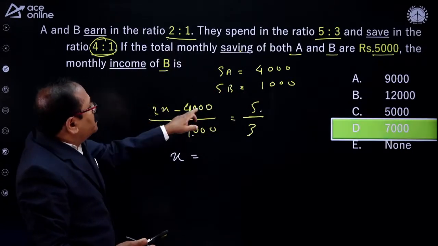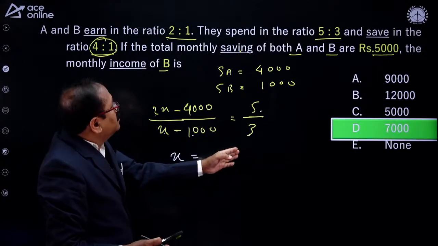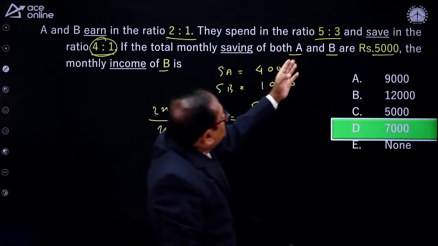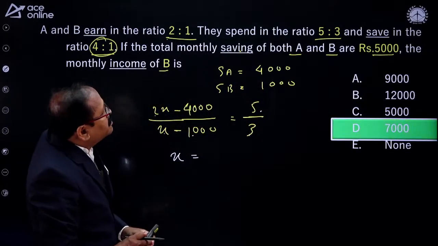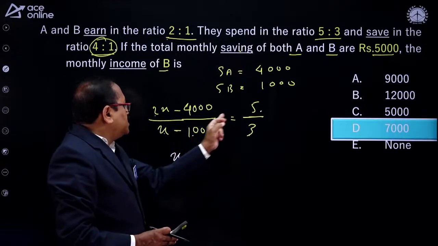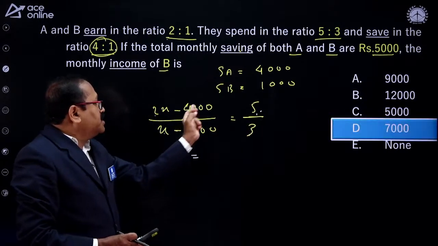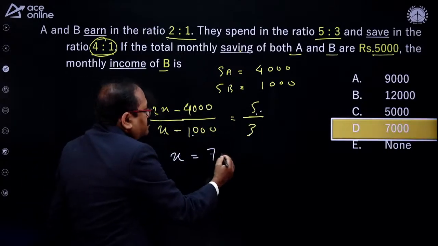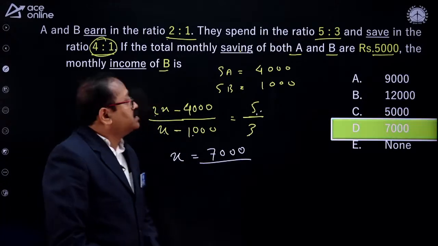So that is 2x minus 4,000 and x minus 1,000, which is in the ratio 5/3. So that is right. From here, the multiplication gives 5,000 minus 5,000 and here plus 12,000 is 7,000. Okay, so x is equal to 7,000.